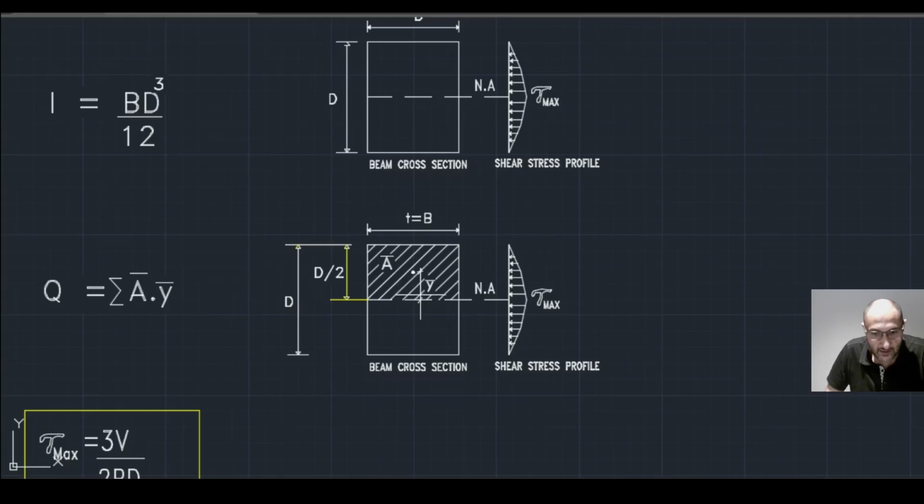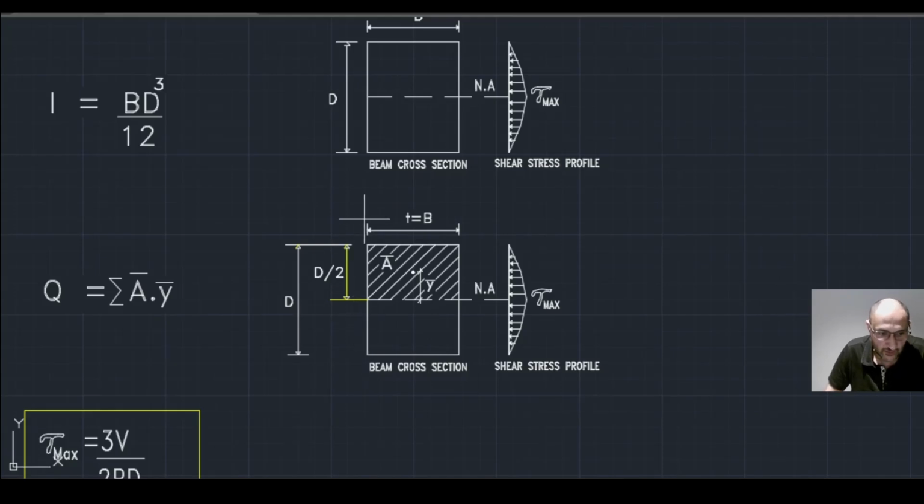In this case, we know that the maximum shear stress occurs at the center of the section. So we must consider the entire area above the line that we are interested in, so above that line where it passes through the geometrical centroid. And t, in this case, is equal to the width B, because B is constant throughout the beam section.